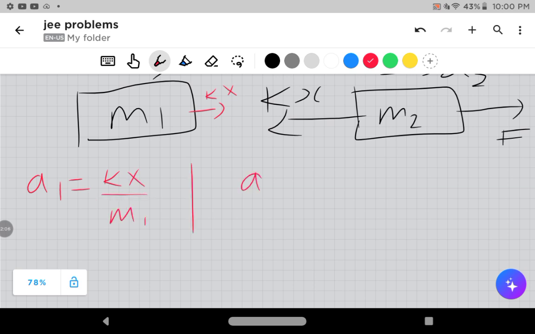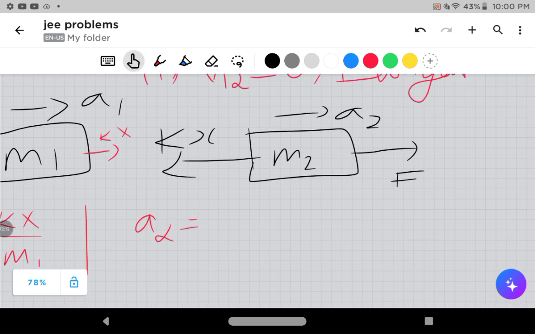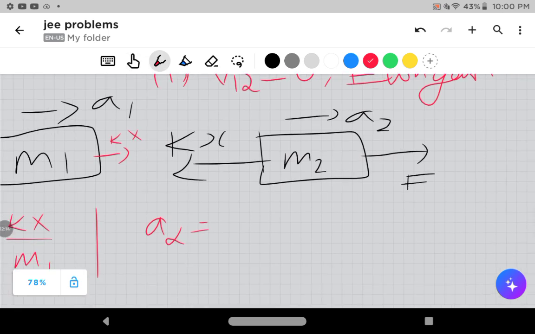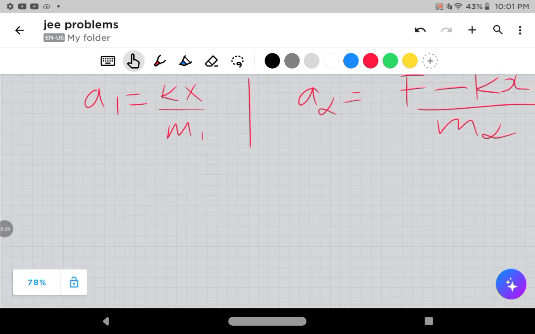Okay, a2 is, what is the force acting along the direction of acceleration? That is F. So a2 is F minus kx divided by M2. Quite good. Now let us define a term, because I am taking everything with respect to the other, M1 with respect to M2 and M2 with respect to M1.